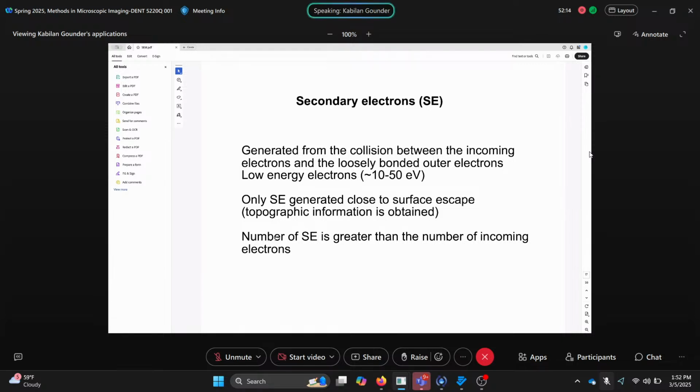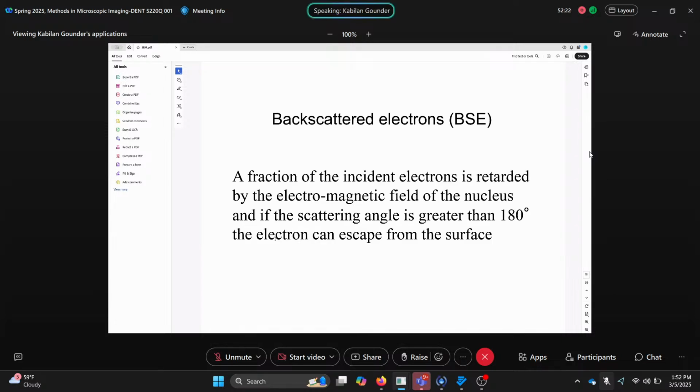The number of secondary electrons can be greater than the number of incoming electrons. Then backscattered electrons: a fraction of the incident electrons is retarded by the electromagnetic field of the nucleus, and if the scattering angle is greater than 180 degrees, the electron can escape from the surface.